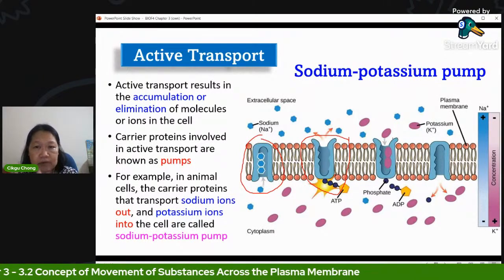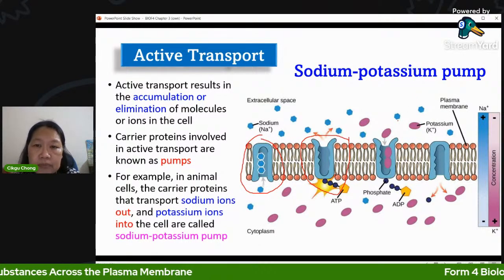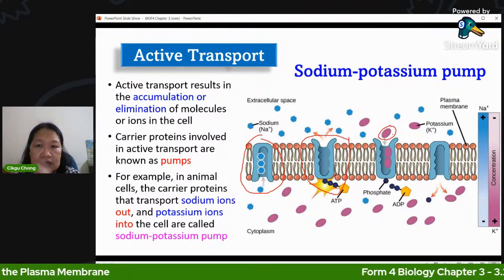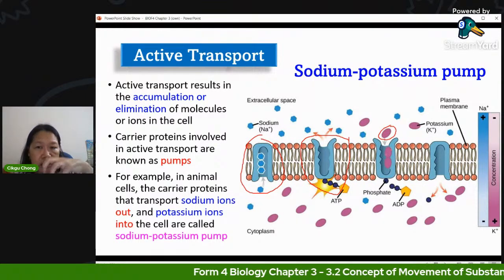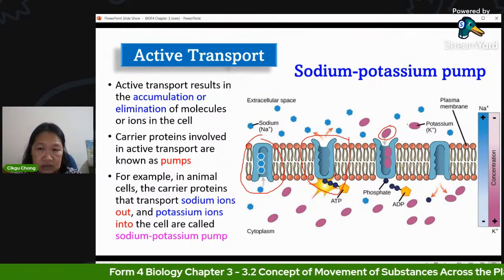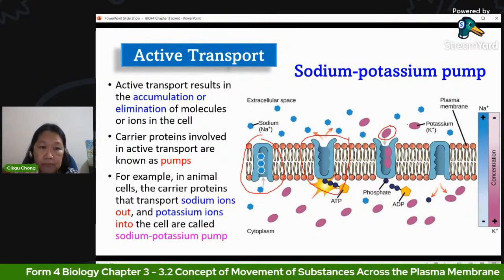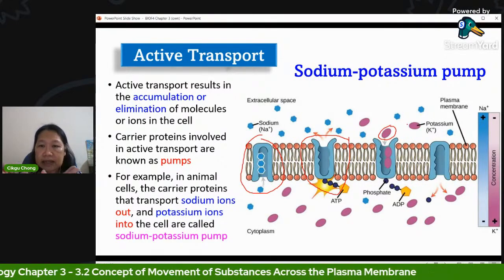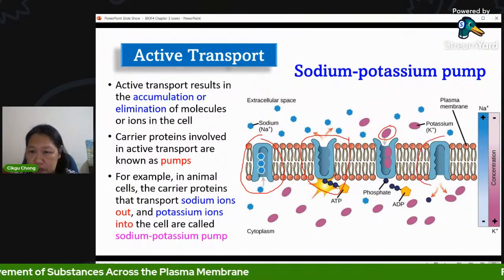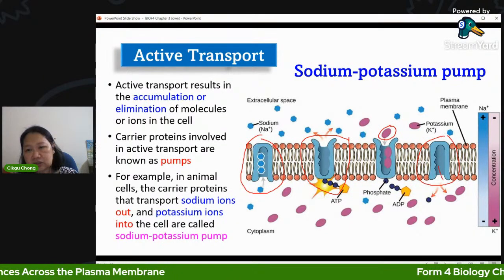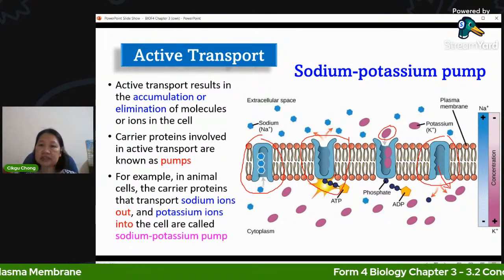At the same time, before it closes and comes back to the original shape, it will bring in the potassium. Now two potassium ions are attached onto this sodium-potassium pump, and the shape changes back to the original, and the potassium ion is now transported inside.